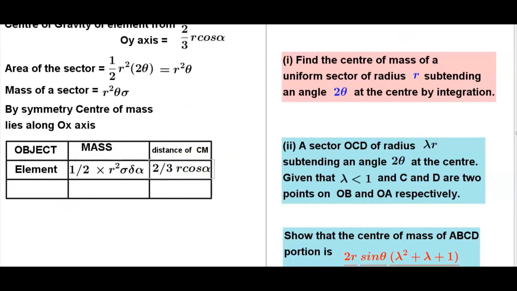Then the sector: the mass of the sector, which you already found, is r squared theta sigma. We want to find the center of mass of this object, let's say x bar.